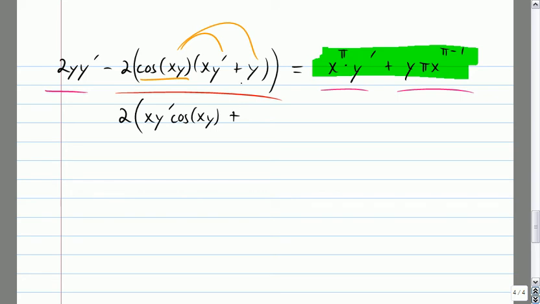Well, there's definitely a y. What I'm asking you to do right now is multiply this yellow piece and this yellow piece. Y cosine xy? Y cosine xy.